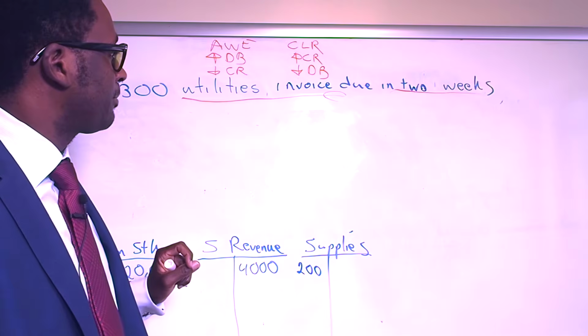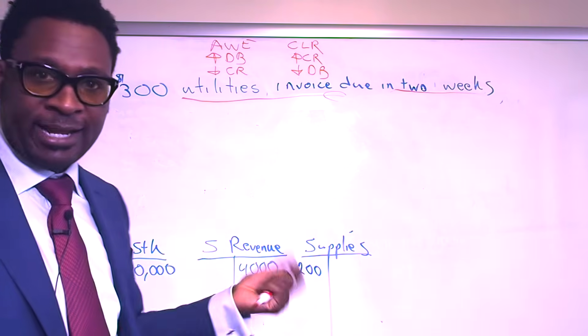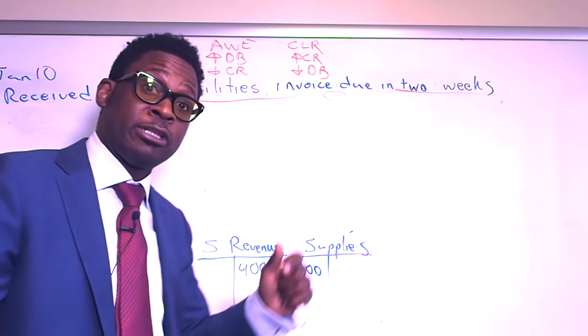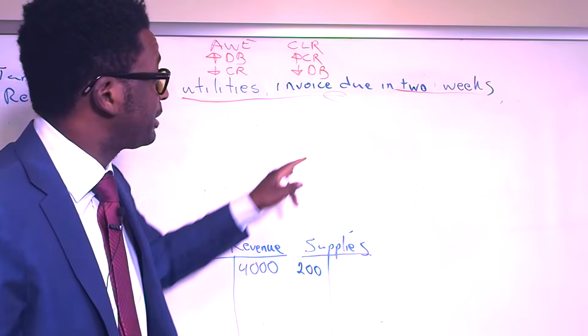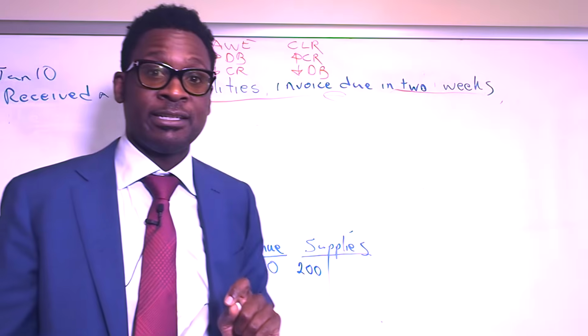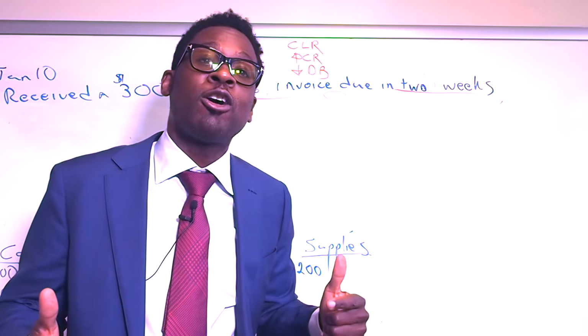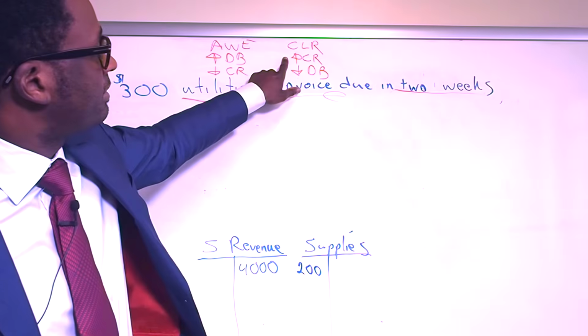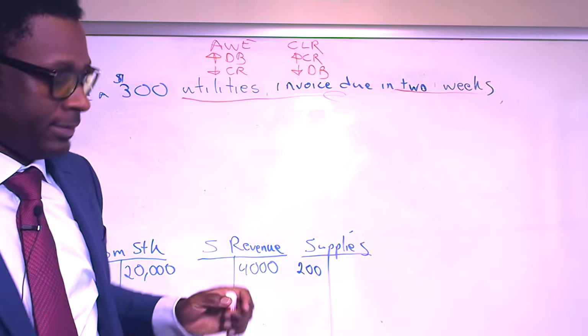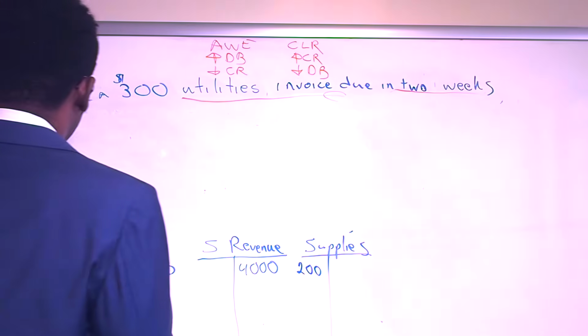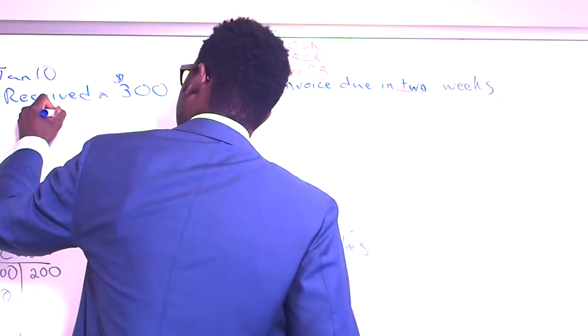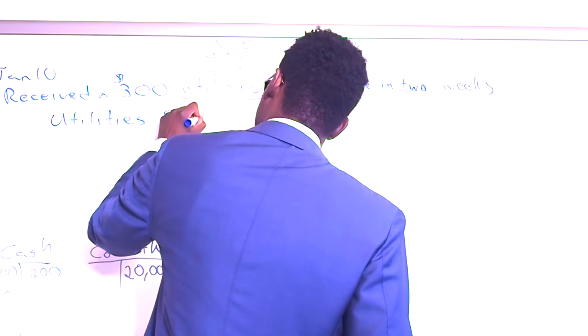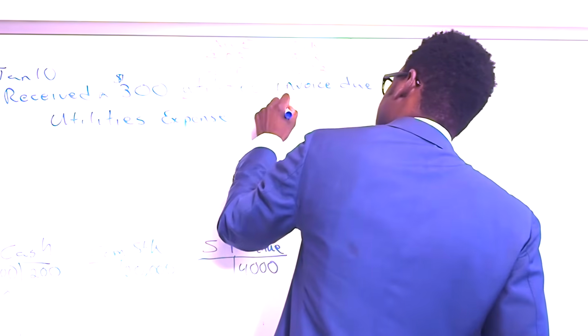What about the liability utilities payable? That's easy too, right, gang? Utilities payable is a liability, which means it's in the clear gain. Utilities payable has also gone up, which means based on the system, we're going to credit it. So we're going to go ahead and debit utilities expense for $300.